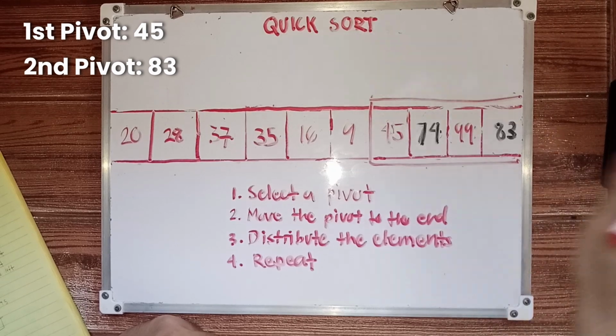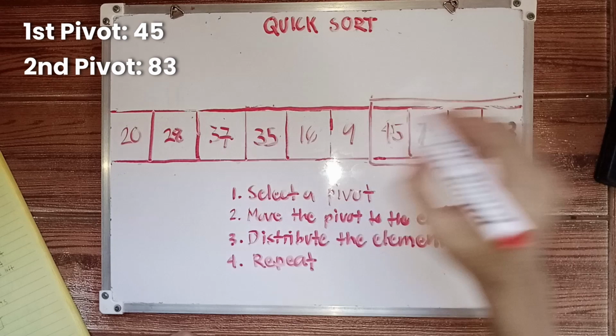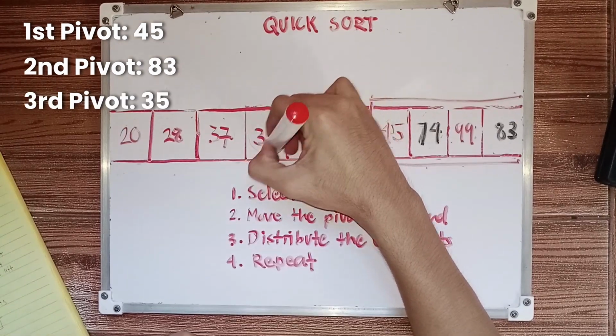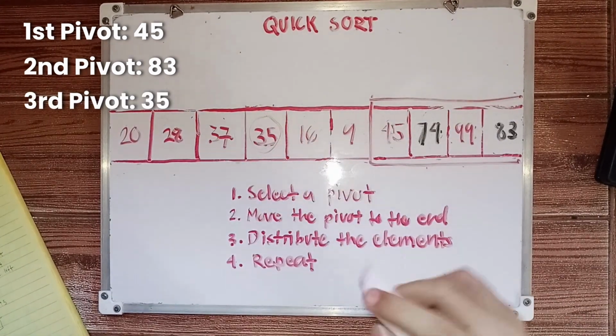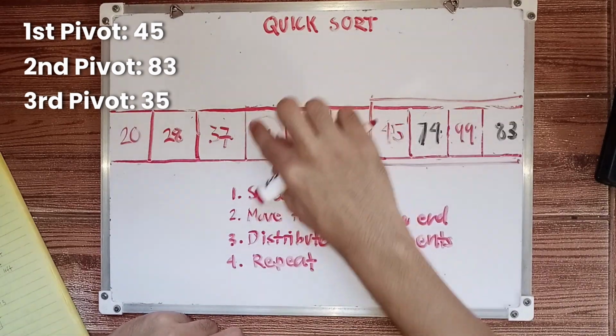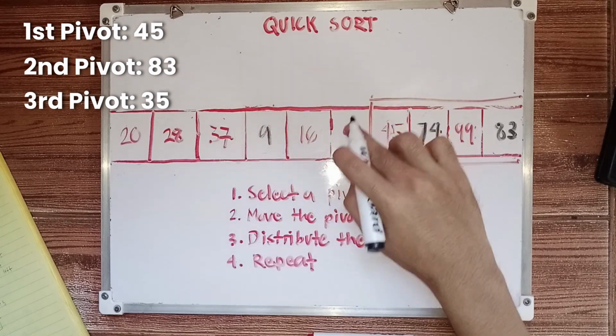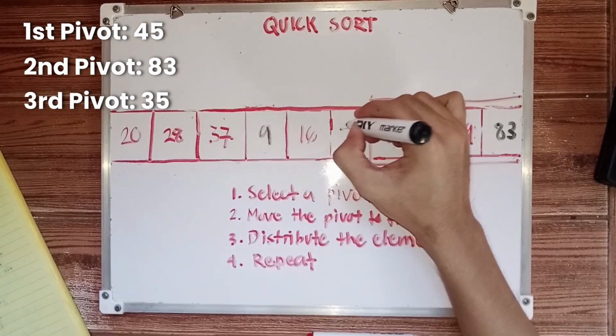So we have 20, 28, 37, 35, 16, and 9. So we are going to select another pivot. Now I am going to select 35 as my new pivot. Now again, move the pivot to the end, making this 9 and this one 35.